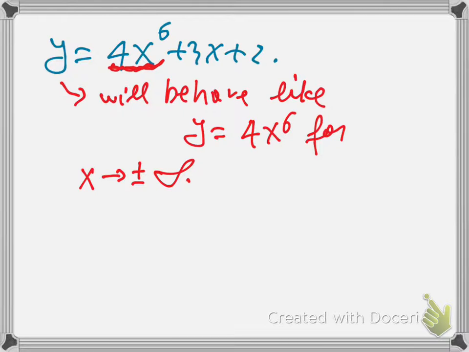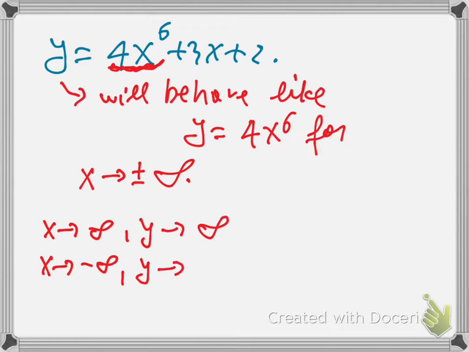And 4x to the 6 behaves like a parabola. Which means when x goes to infinity, y goes to infinity. When x goes to negative infinity, y goes to infinity.